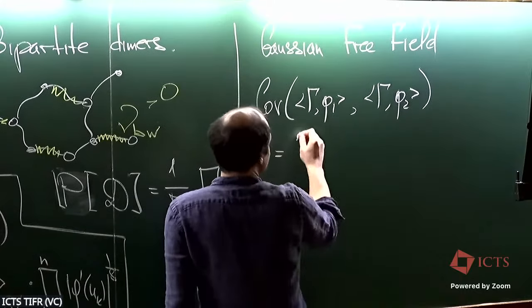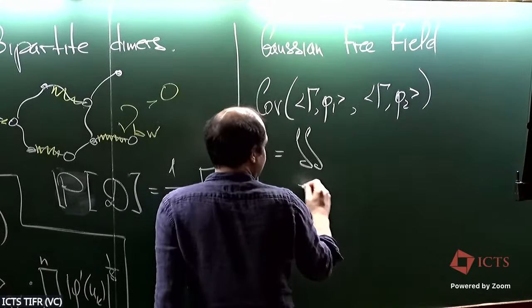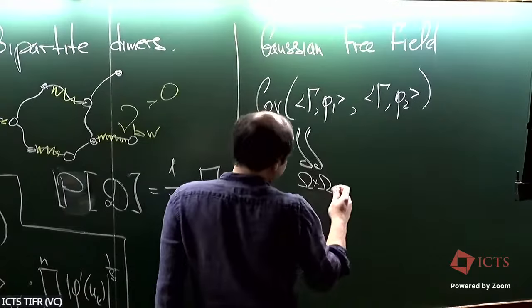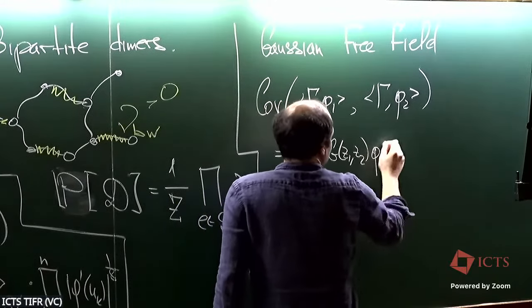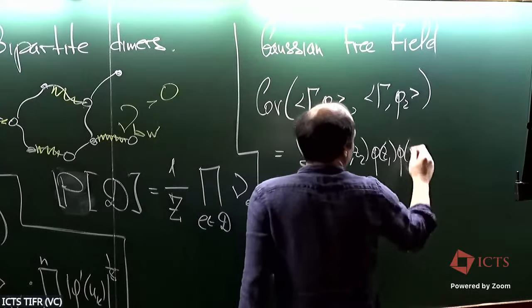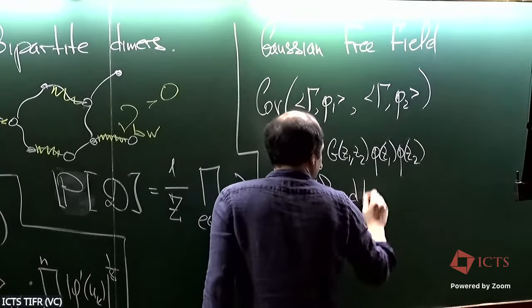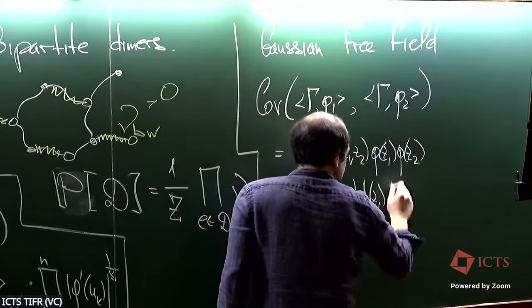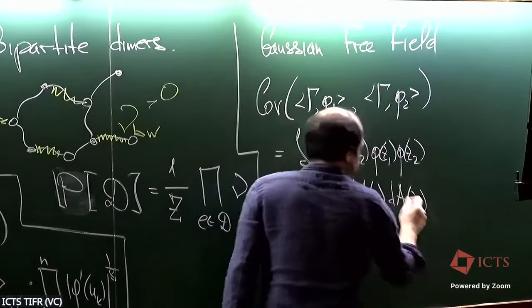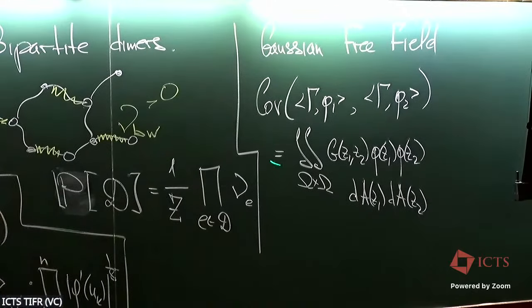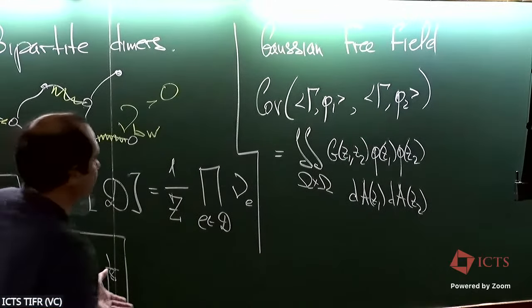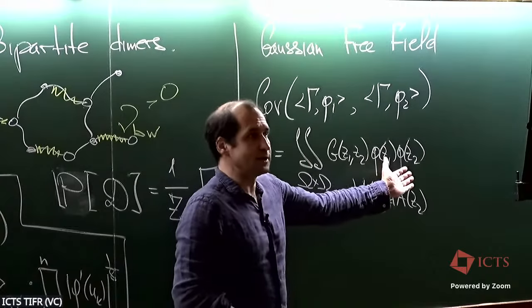So I can just write it as the integral over omega times omega of g(z1, z2) phi(z1) phi(z2) over the area. This will be my notation for the area in each of the variables. So I pretend that I could have integrated this as it is.